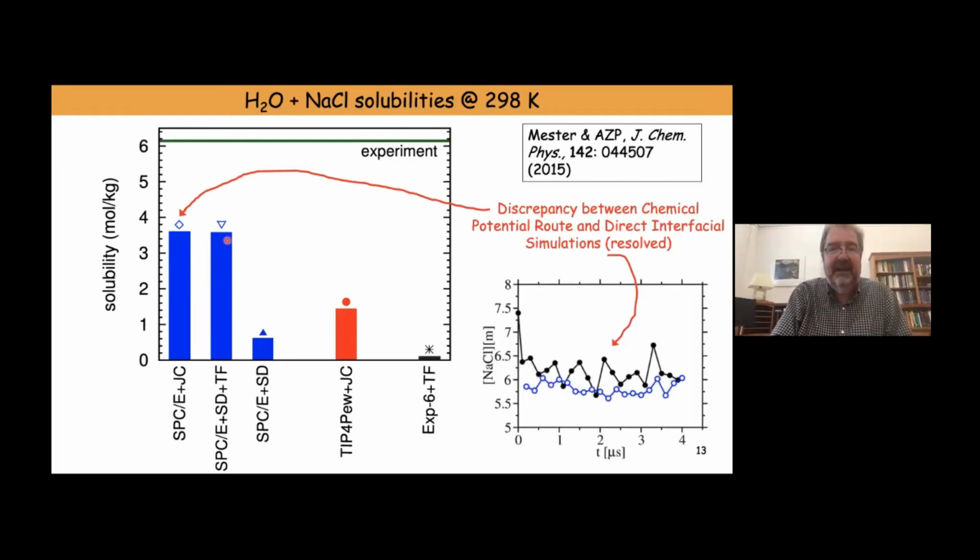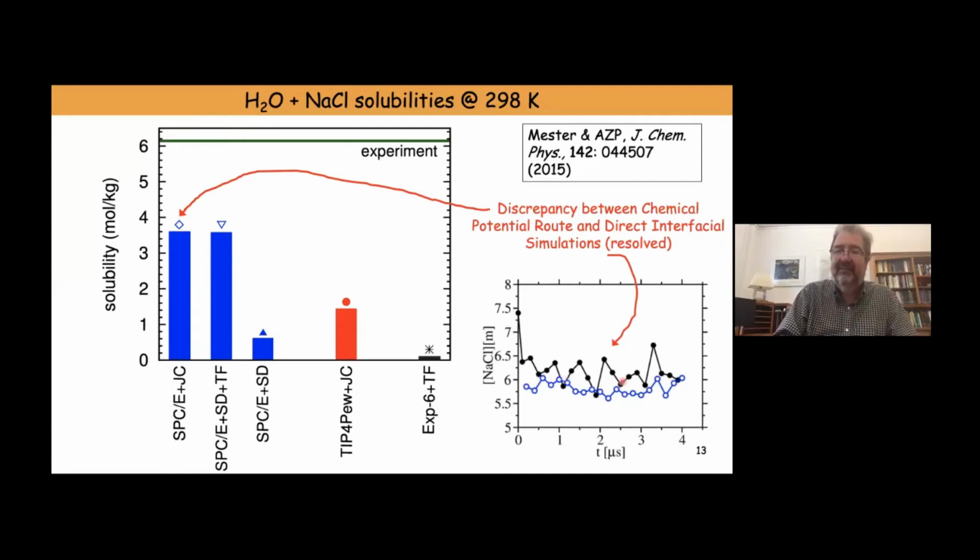And this has been done many times, and the calculations, which need to be quite long, like multi-microsecond molecular dynamics interfacial calculations, gave values that are quite a bit off our calculated values, which had also been reproduced by other groups doing free energy calculations. So for a while, there was a big discrepancy.